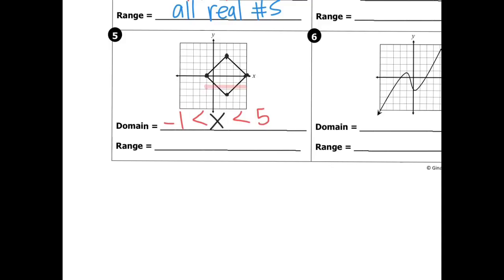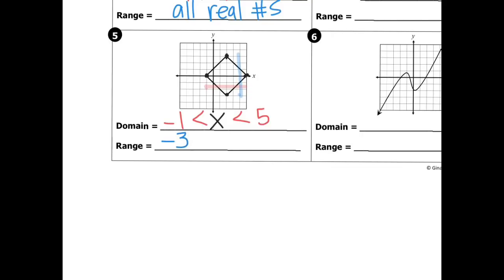Now we've got a similar situation with the range. So we'll quickly look at the range. I'm going to go kind of off to the side. My range begins down here and goes up here. So the smallest value of my range is -1, -2, -3.